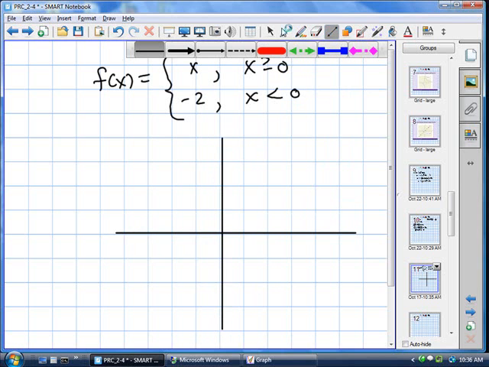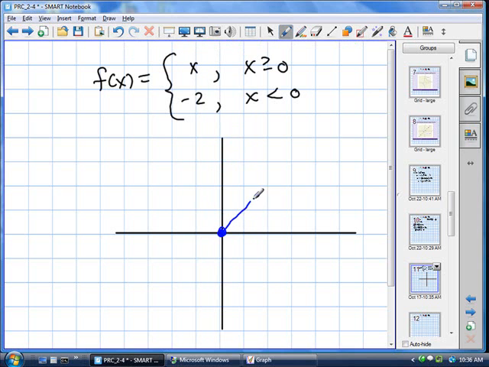Okay, so now if we do our graph in blue, how does this look? It says, all right, whenever you're on 0 or to the right of it, then the answer is just x. And so that basically says we got this point and, you know, a straight line that forever goes that way, right?